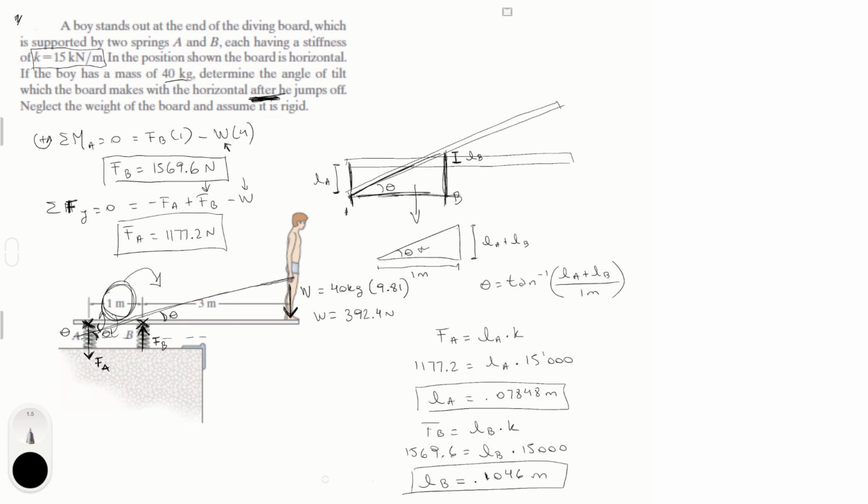So if you add them together, you basically plug them into this formula and do the tangent inverse of the sum of LA and LB divided by 1, which is the same number, and you should get that theta is equal to 10.37 degrees. Final answer.